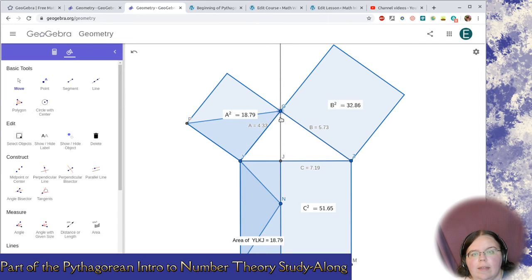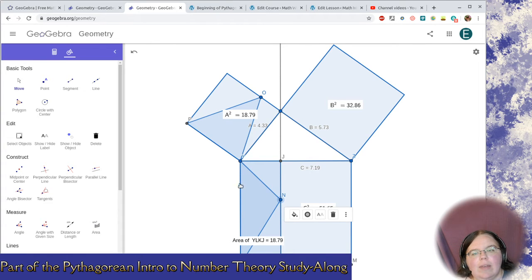Okay. So let's see. I don't see though that helps me yet, because I don't see how to prove that this triangle and this triangle have the same area, because I don't see that they're congruent at all.